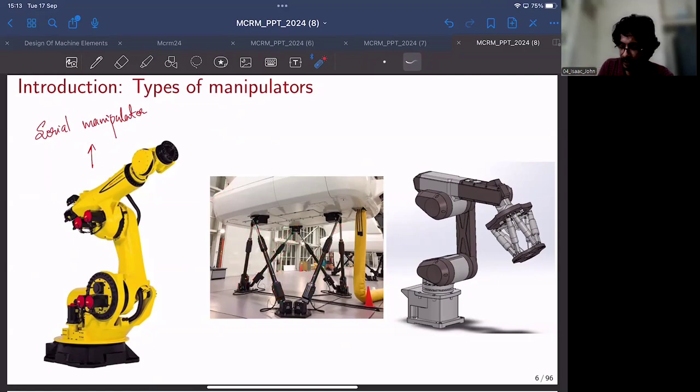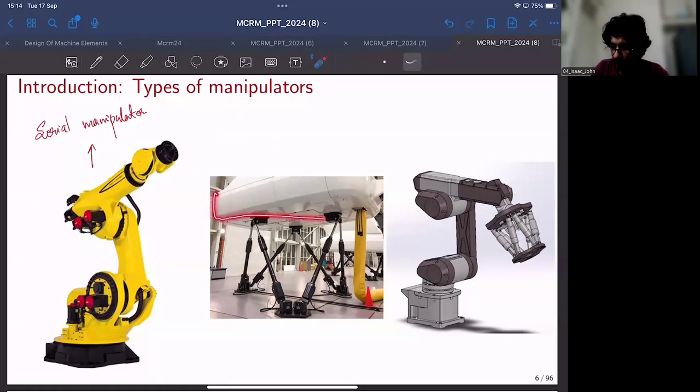The advantage of this sort of mechanism is that the loads are more evenly distributed. So parallel robots have inherently high payload manipulative capabilities. You would see these things being used to simulate flight cockpits, and they are also used by professional race car drivers for simulation purposes.